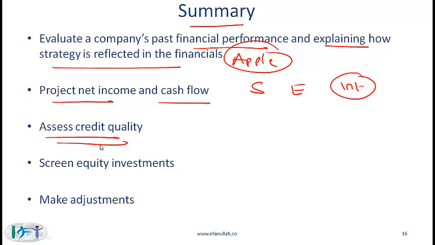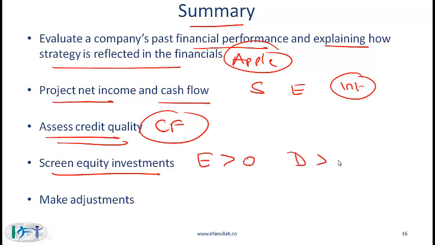To assess credit quality, the big thing to consider is cash flows. If cash flows are stable, then the credit quality generally will be good. We talked about data in financial statements to screen equity investments. If you want relatively safe companies, then you will put criteria that says that earnings need to be positive, dividends need to be positive. Maybe you can also say that the leverage ratios need to be less than a certain number, and so on.